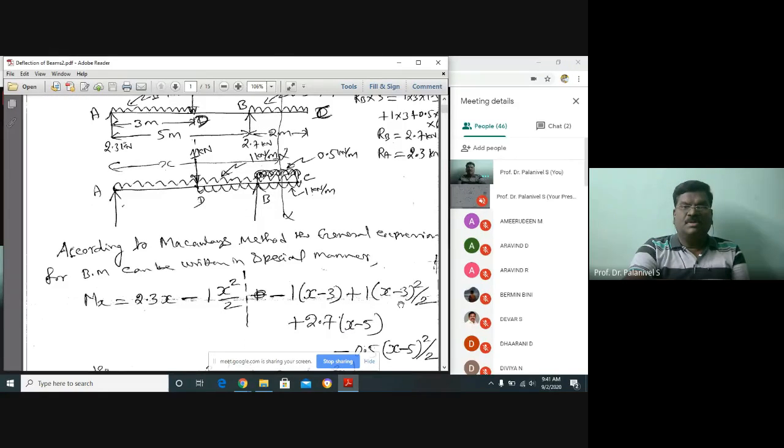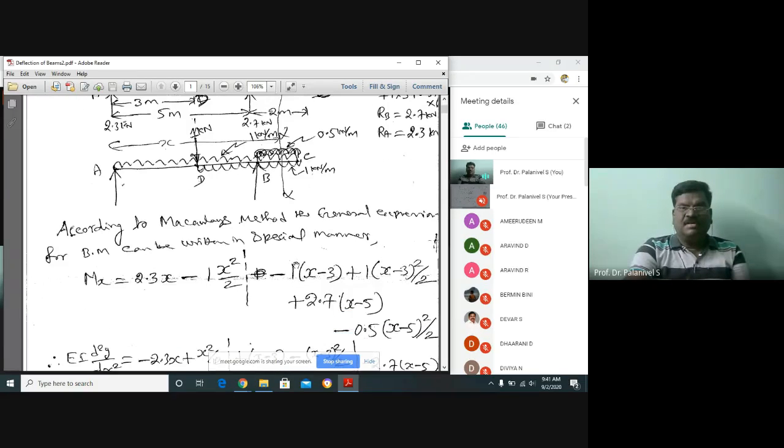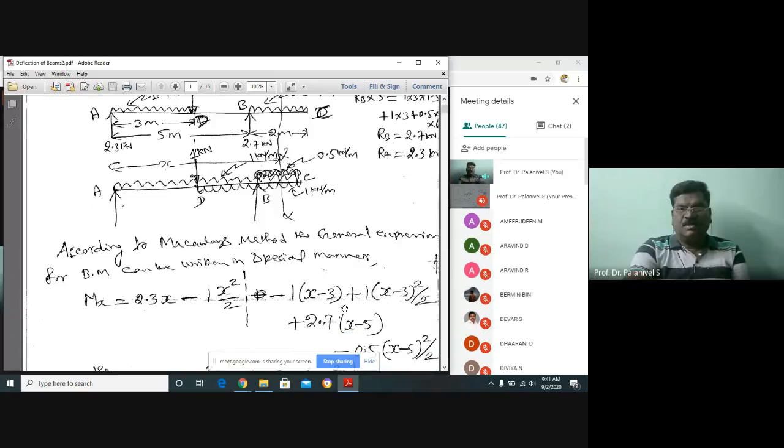Now I am coming to the portion BC. For portion BC, you have to include at this section the support reaction acting upward, which is 2.7 into x minus 5. That is the upward reaction.